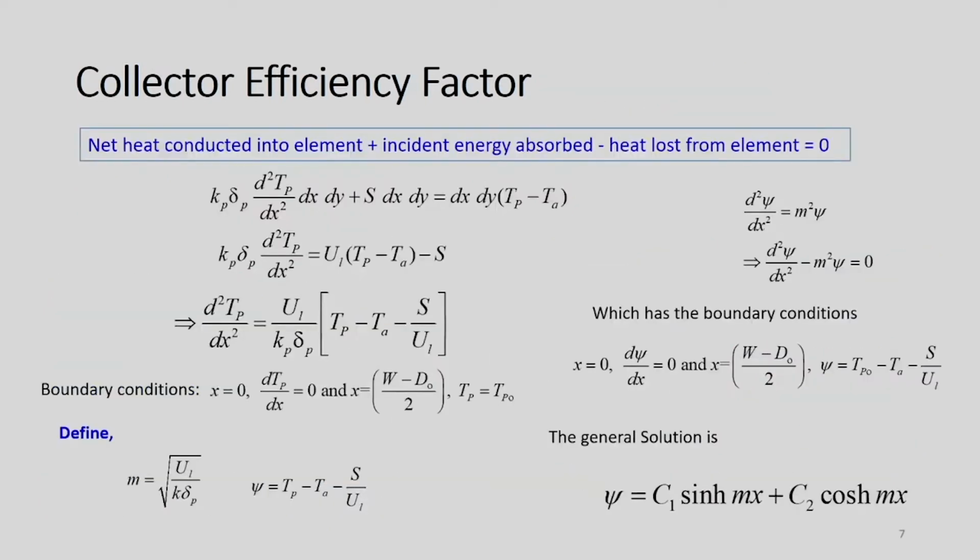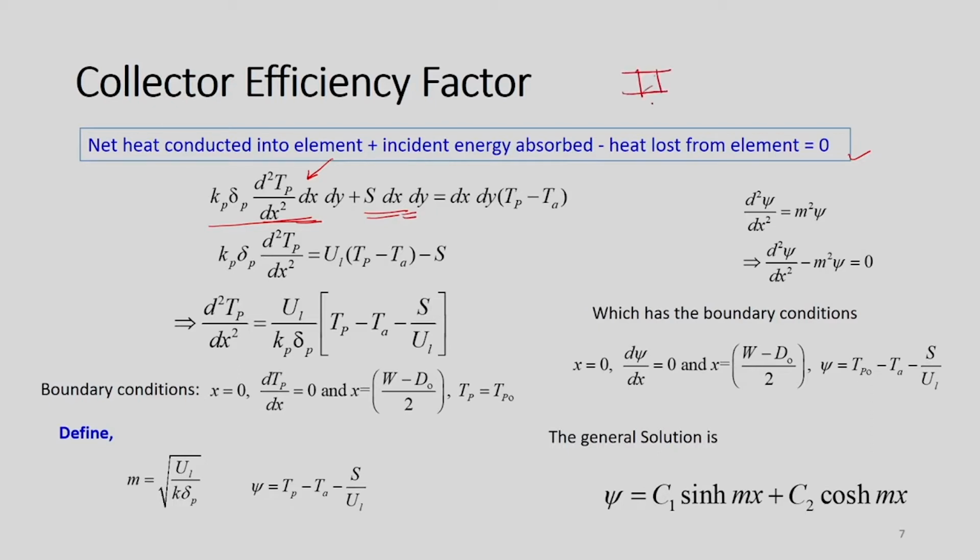Okay. So, this will vary along the x direction. So, now if we write the same expression again, the net heat conducted into the element plus the incident energy absorbed minus the heat loss from the element is 0. Okay. So, what is the net heat conducted into the element? We can use this expression for conduction, and the amount of incident energy absorbed we can write as S into dx into dy, this is the area because we have considered this small segment.